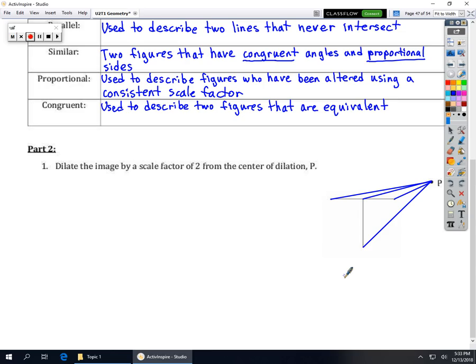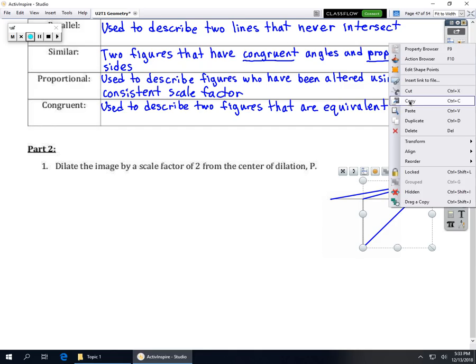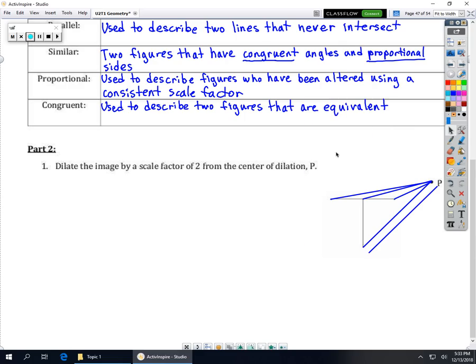So regardless of which tool you use, your image would look like this. So I will just copy these.